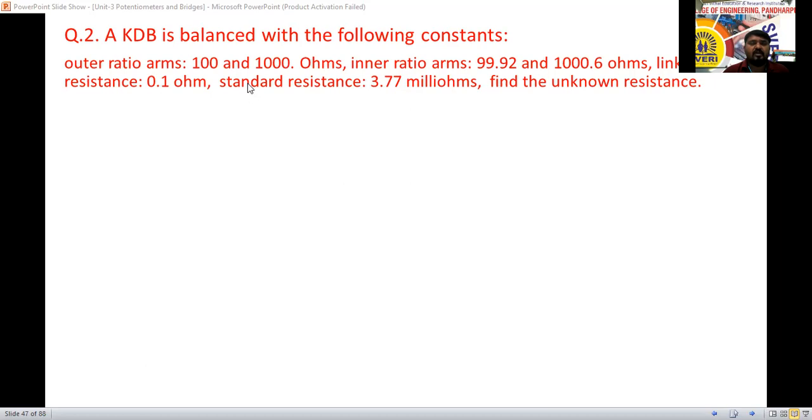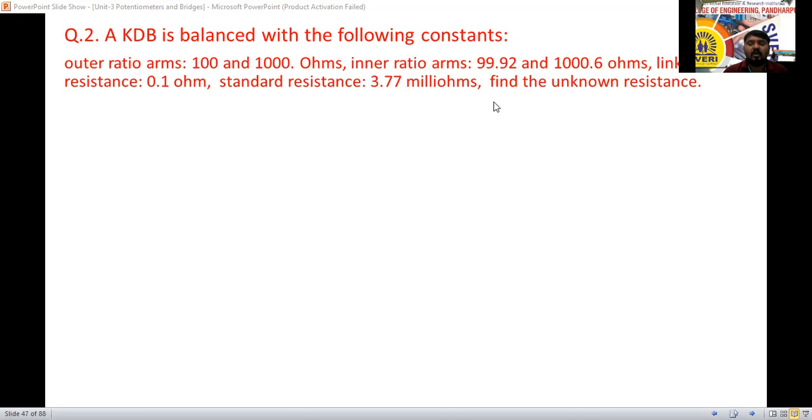Okay. So the given data: capital P equal to 100, capital Q equal to 1000, small p equal to 99.92, small q equal to 1000.6, and small r, that is called the link resistance, which is connected between the standard resistance and the unknown resistance, equal to 0.1, and the standard resistance S equal to 3.77 into 10 to the power of minus 3.